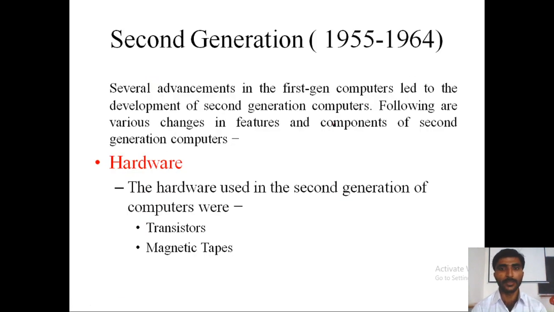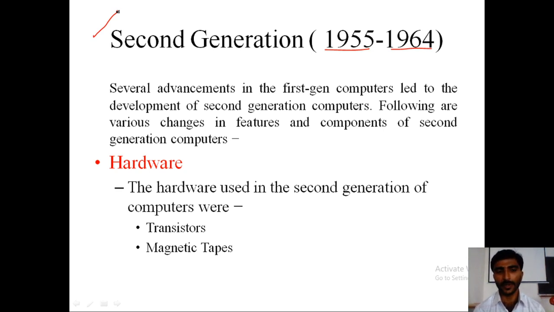Now we will discuss the second generation. In the years from 1955 to 1964, the second generation was used. Why is it called the second generation? To overcome the drawbacks of the first generation, they developed it.